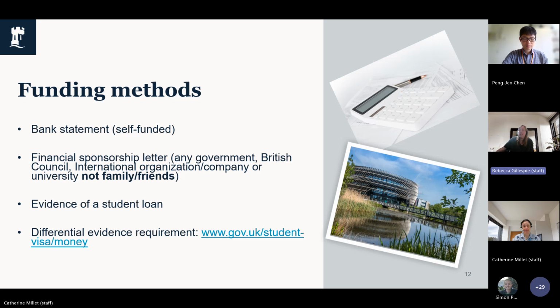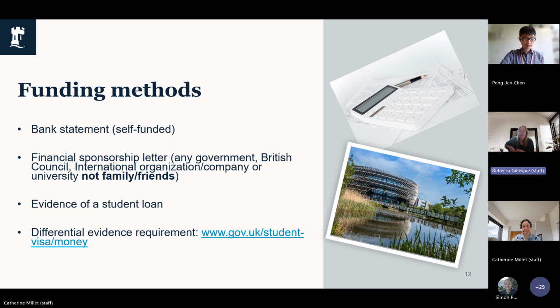Next, you may be receiving official financial sponsorship. This can be from a government, British Council, university, or an international company. The definition of an international company is that they have offices in more than one country.